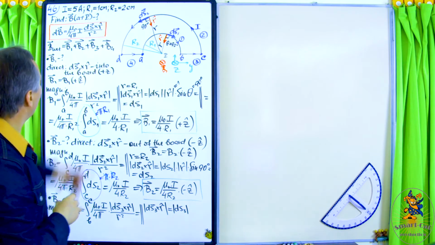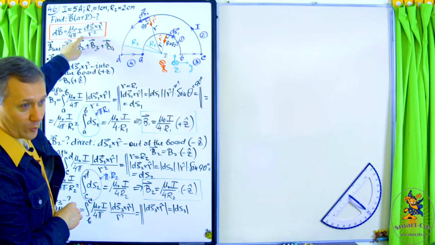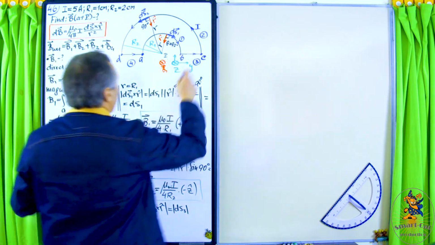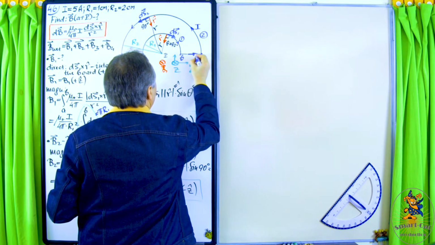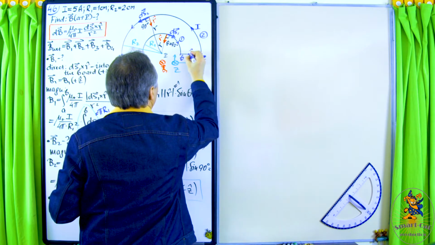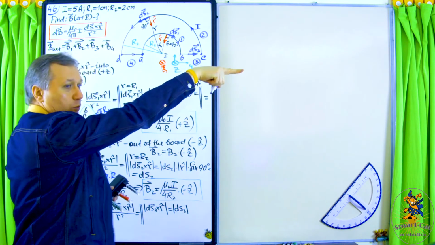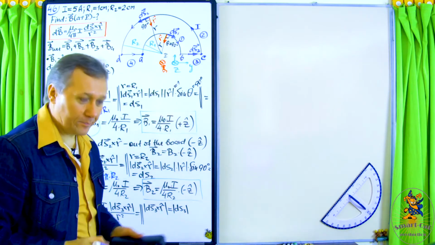And again, you remember what determines the direction of ds? The direction of the current. I told you already several times. So it means that ds3 is this way. You see the small vector ds3, and of course it points that way because that's the direction of the current in this small section.